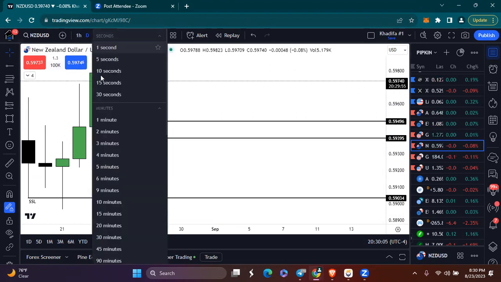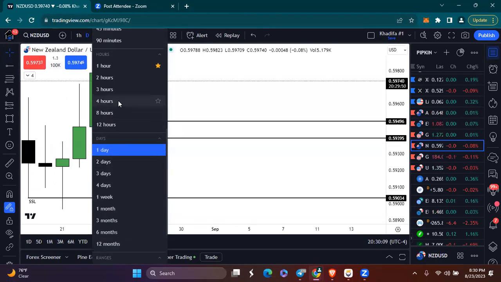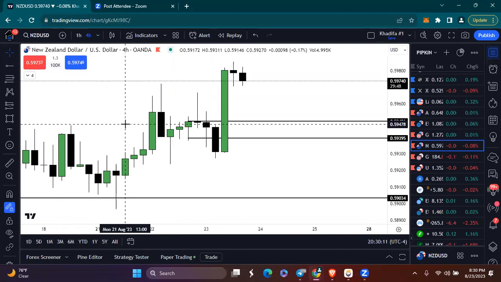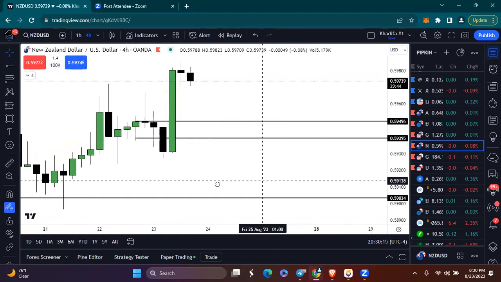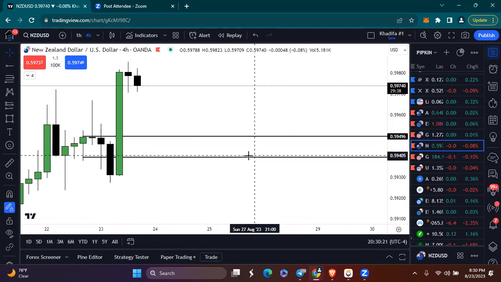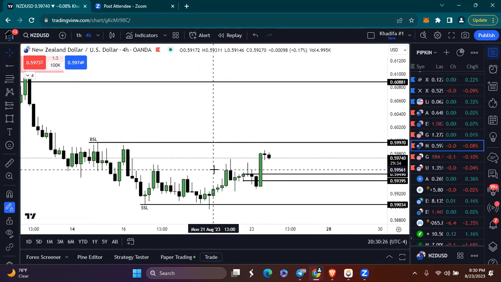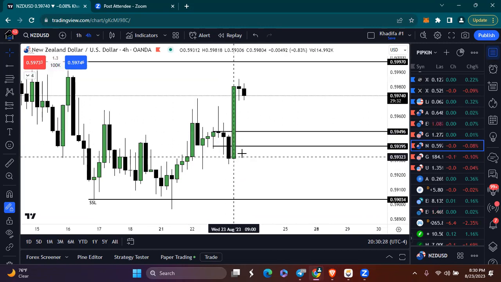Let me look at the 4 hour right here. Oh yeah, that's beautiful. That upper PD array level is right on top of a 4 hour breaker block.